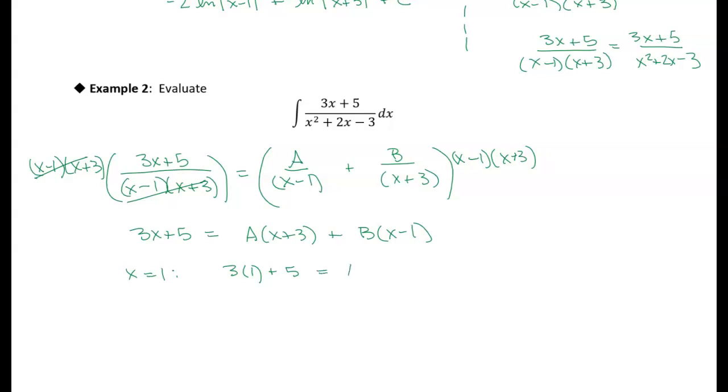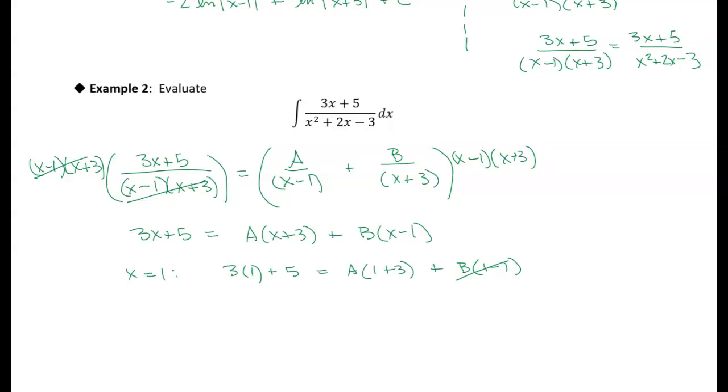And then I have a times 1 plus 3. And you can see that this second term just becomes 0, because 1 minus 1, so b times 1 minus 1 just becomes 0, right? So that's 0. And that allows me to solve for a.